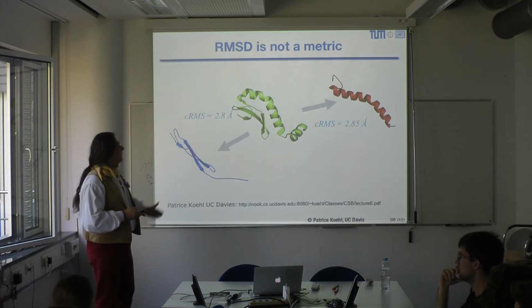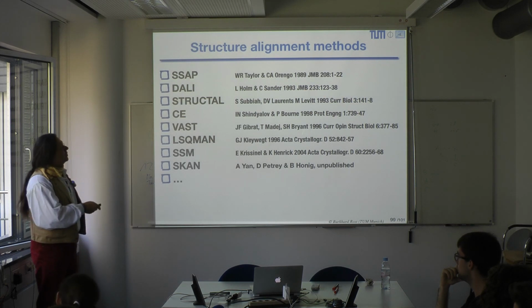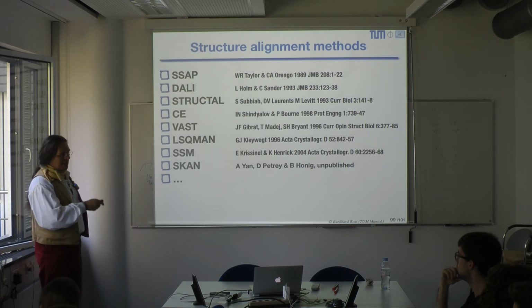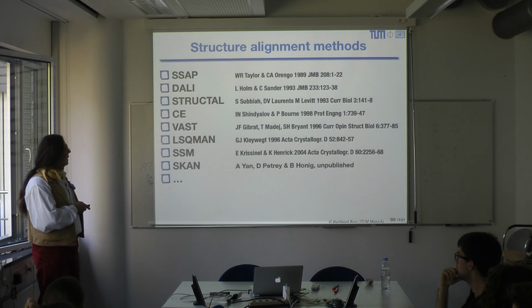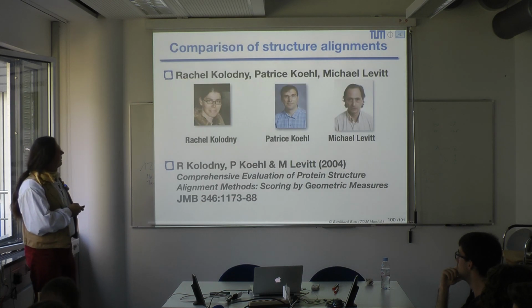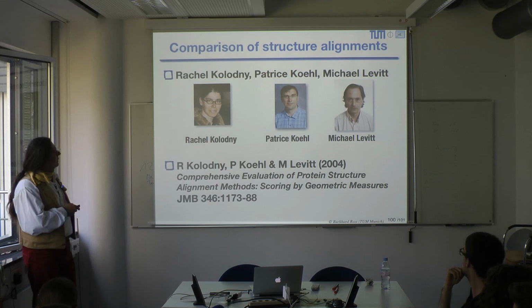Here's another problem, okay? There are tons of structural alignment methods out there. Here, just a few. In fact, that few comes from Rachel Kolotny, Patrice Köhl, and Michael Levitt.